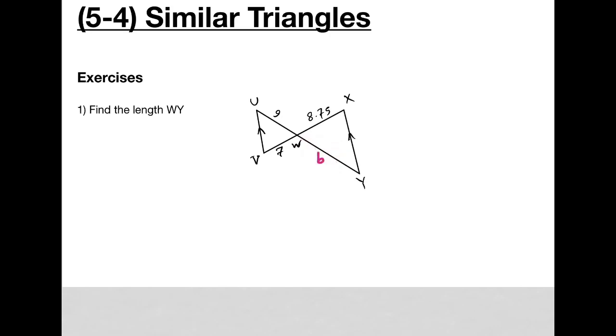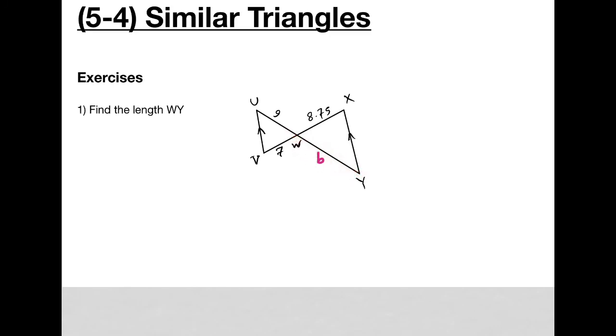So I'm going to find the value of b here. In order to find the value of b here, first I need to show that these two triangles are similar. So I will show you that this triangle is similar to this one, and once they are similar, I can write down the proportionality and then figure out the length WY.